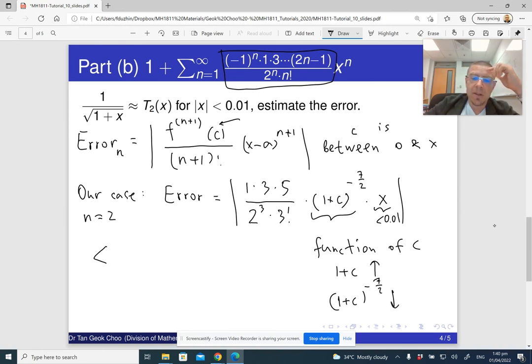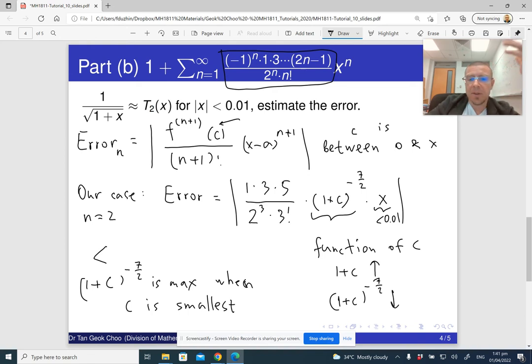And since this is a decreasing function, it achieves its maximum for the smallest possible value of c, right? So 1 plus c raised to the power minus 7 over 2 is maximized when c is the smallest.